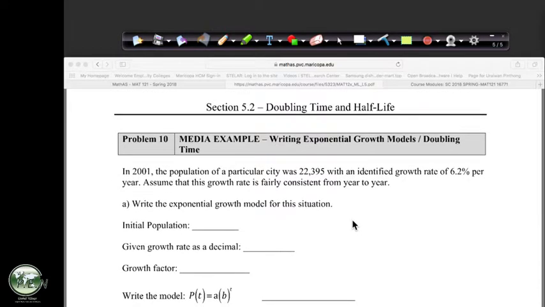And then we're at doubling time and half-life. And what did I say about doubling time and half-life? We don't need it for the test, certainly. And you'll see that it really isn't anything different. I'll show you the method. We do it a little bit differently in math class.